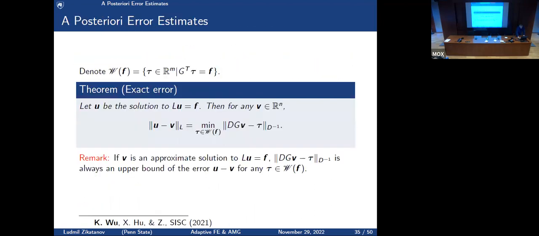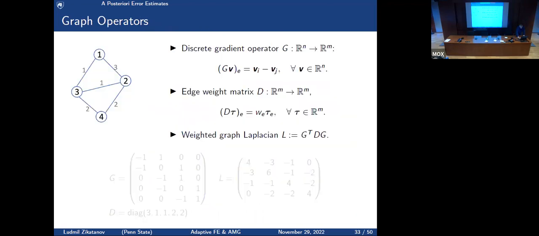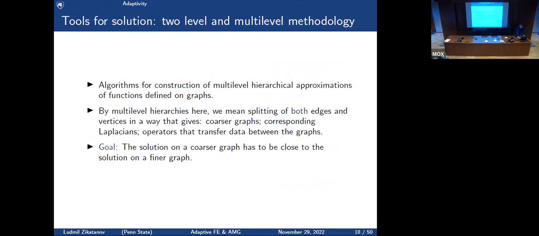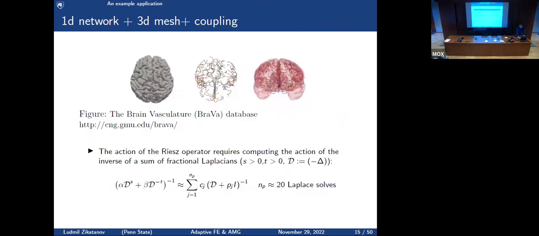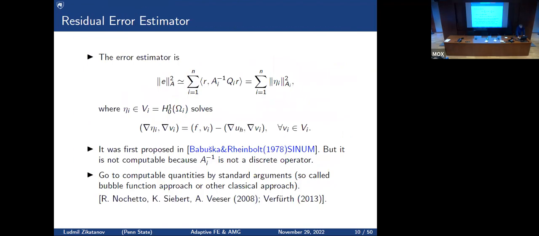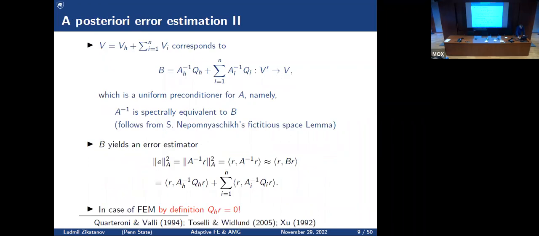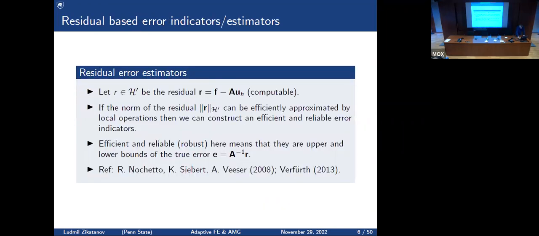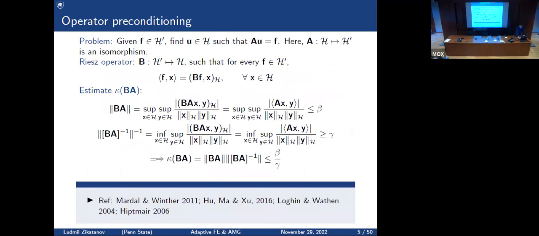I can tell you which paper that is. Okay, because I was wondering whether there is no preconditioning of the right side. I haven't looked at that, to be honest, but let me see.